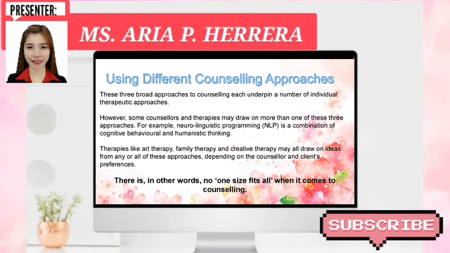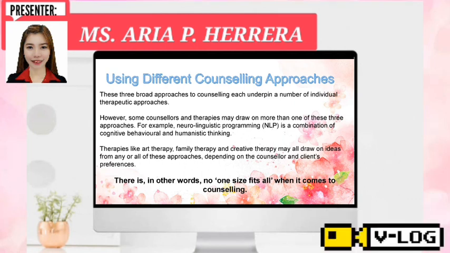Using different counseling approaches. These three broad approaches to counseling each underpin a number of individual therapeutic approaches. However, some counselors and therapists may draw on more than one of these three approaches. For example, neuro-linguistic programming, or NLP, is a combination of cognitive, behavioral and humanistic thinking.